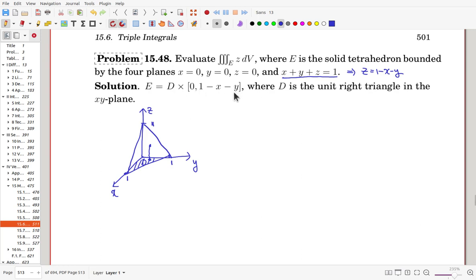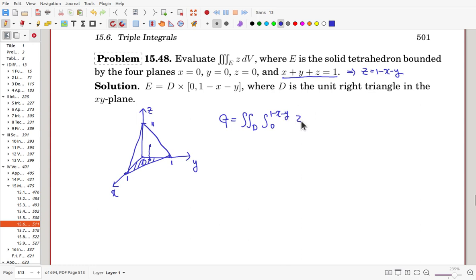Right? Okay. So the given integral must be a double integral over D, and now in the Z direction from bottom to top of Z, right?